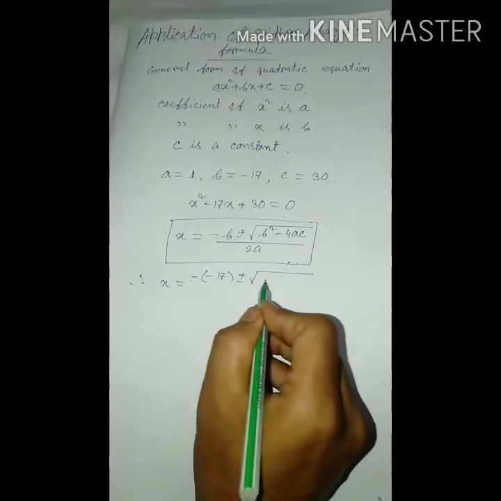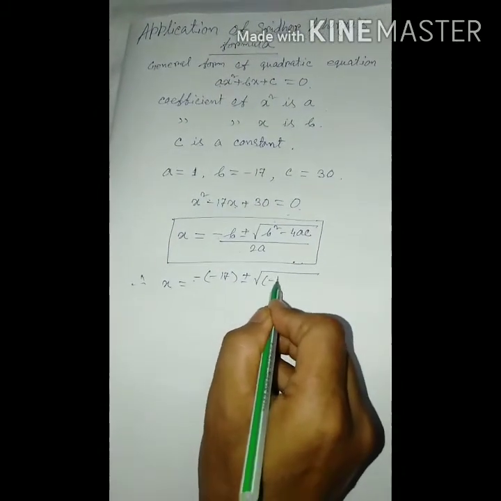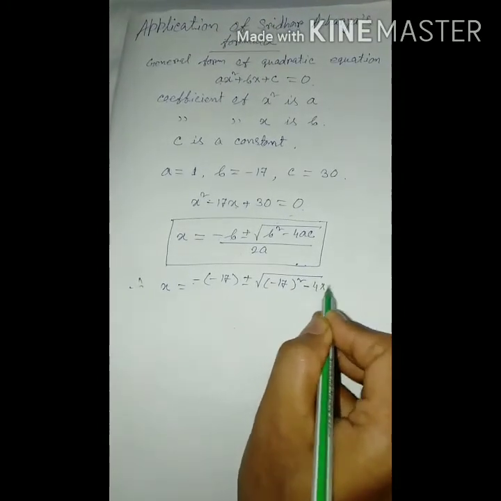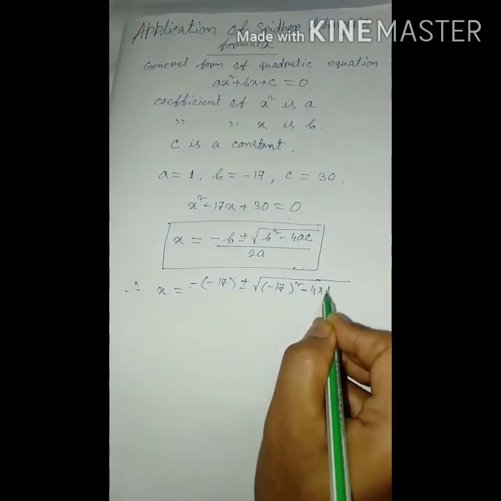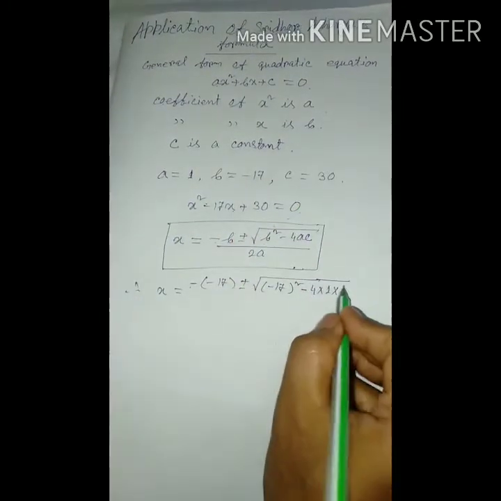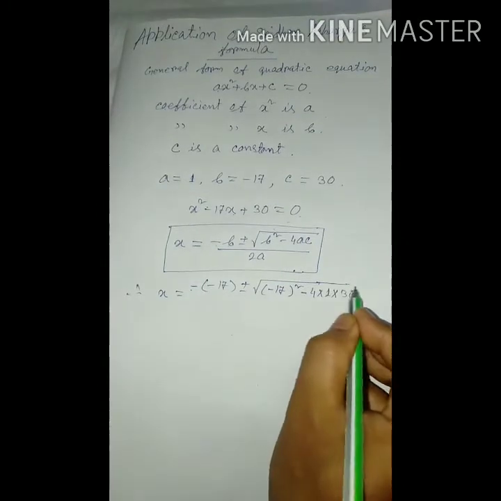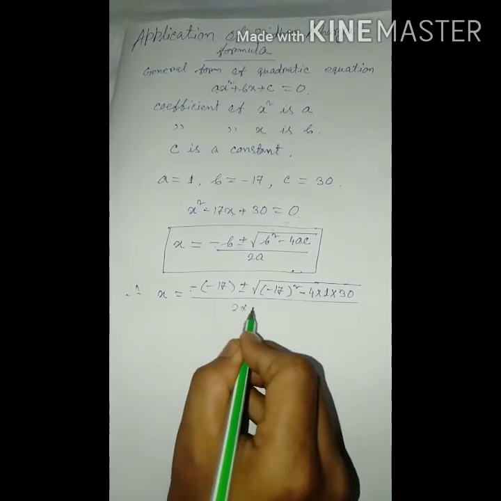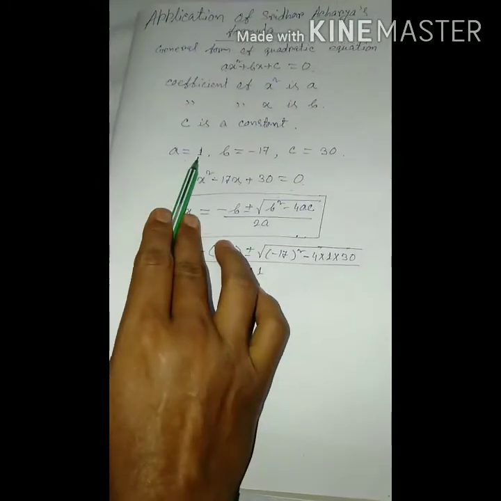Plus minus root b square, minus 17 whole square, minus 4ac, 4 into value of a is 1 and c is 30, by 2a, 2 into 1, value of a is 1.